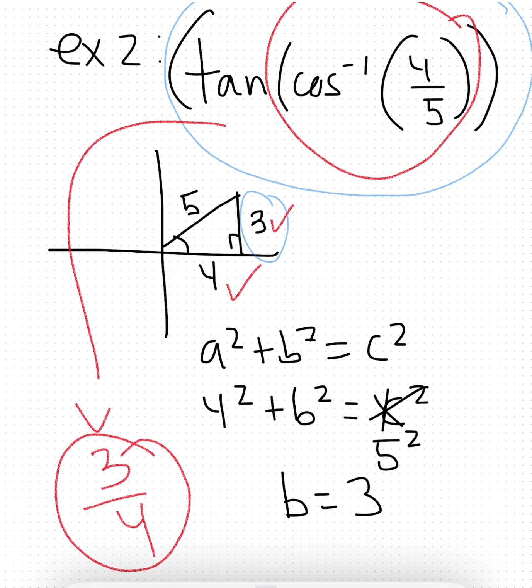To solve this problem, we had to find the inverse cosine of 4 over 5 in the beginning, and then we used that answer to find the missing leg of the triangle. Then we had to find the tan of this full triangle.